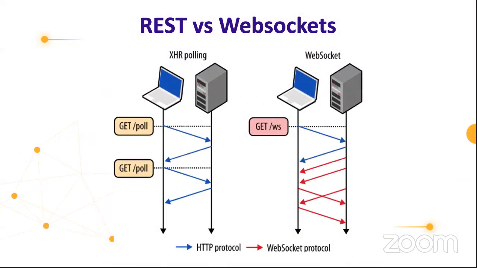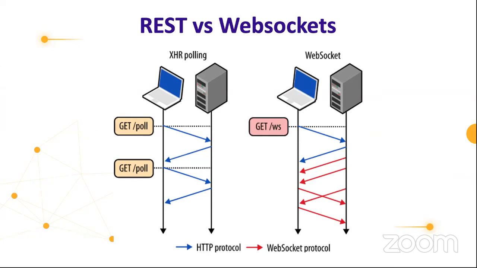This is a diagram of REST versus WebSockets. In REST, we all know, and even I know from 10 years ago, what I was doing was polling. I continuously called the backend API and put in a timeout. So say something is coming.